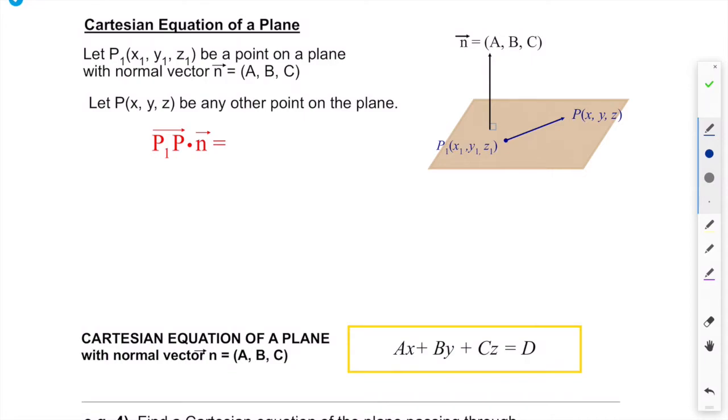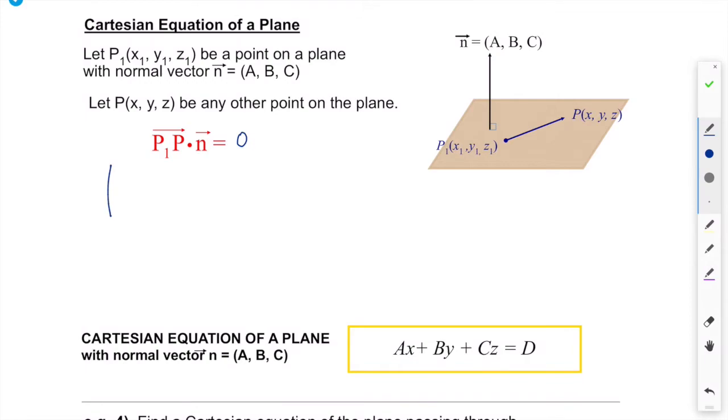Okay, and then we're going to say P of x, y, z be a generic point on this plane. And when I form a vector P1P on this plane, since it is perpendicular to the normal, the vector P1P dot n must equal 0, right? Using the property of scalar product. Okay, now let's write out the vector P1P using components.